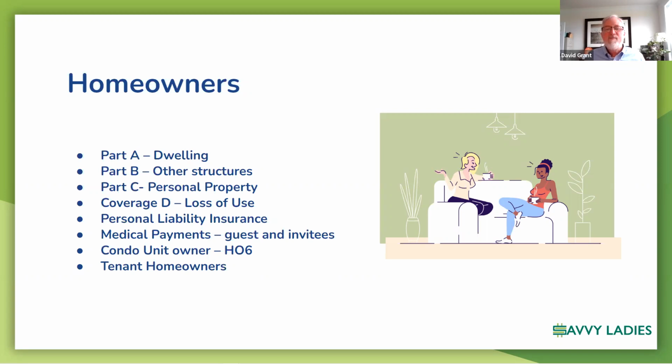The homeowner's policy also has a coverage in it that is for guests and invitees. It's a small amount of money, usually between $2,500 and $5,000, that the insurance company uses when you didn't do anything wrong. And this is an amount that they'll offer to pay medical bills.